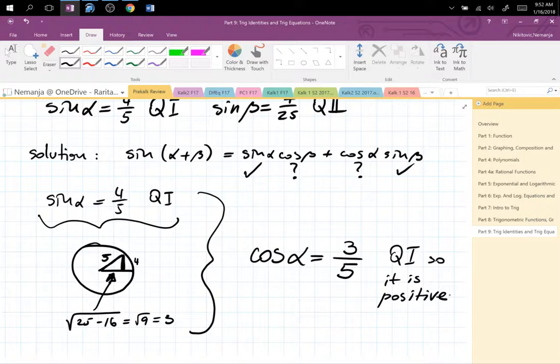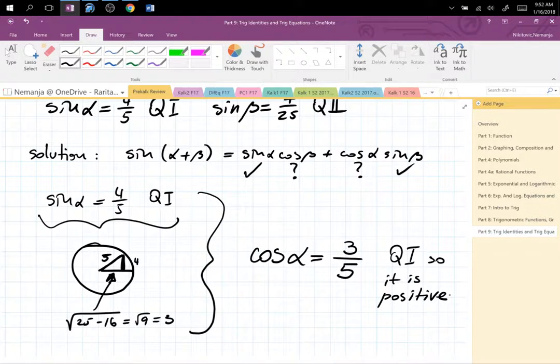I start with sine alpha. I draw the circle, can't call it unit circle because it's not unit anymore, it's 5. So a circle with radius 5. You have the hypotenuse because sine is opposite over hypotenuse. The height is 4, that's opposite. The 5 is on the hypotenuse, and then we use the Pythagorean theorem to figure out the other leg. We came up with 3.